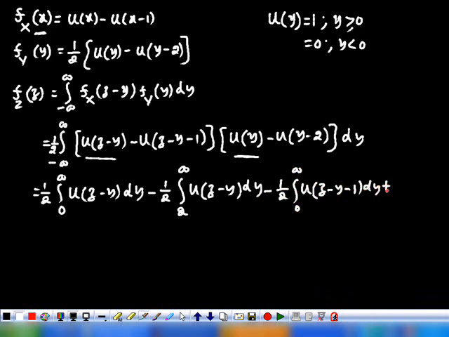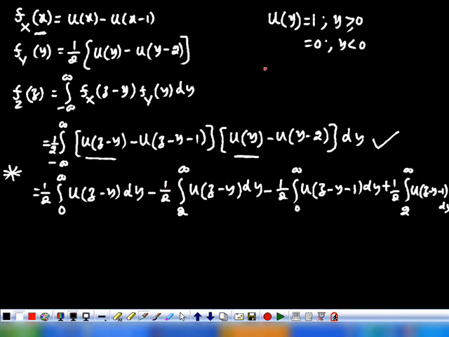The last term can be written as the integral from 2 to infinity of u of z minus y minus 1 dy. From this step we have written this. Actually, we have two terms times two terms, total 4 terms. When you multiply, you get 4 integrals. Understood? We separated those terms.